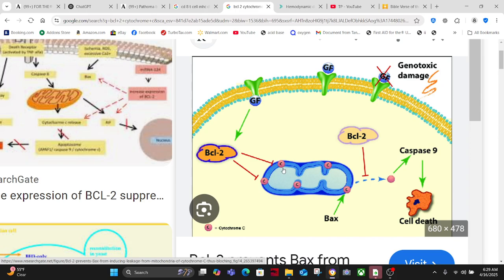If BCL2 is not working, it will cause the cytochrome C to leak out of the mitochondria into the cytoplasm and activate caspases, and that will activate apoptosis of the cell. The cytoplasm will become very pink, and the nucleus will shrink. That is apoptosis. So that's one way apoptosis happens, through action of a caspase.